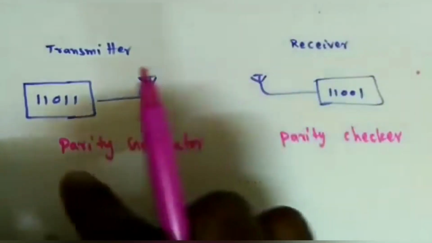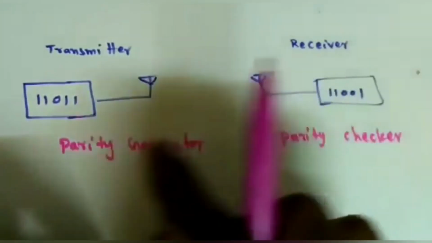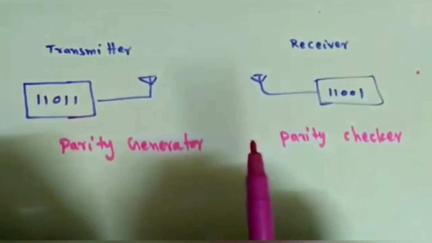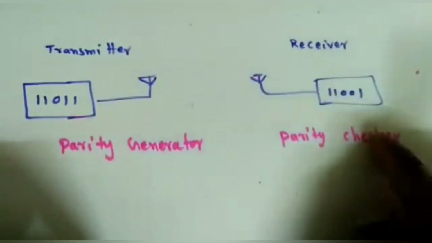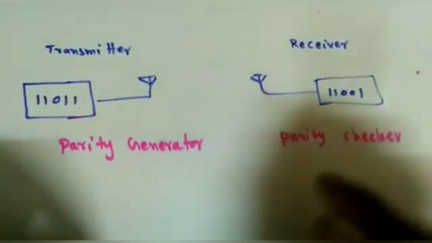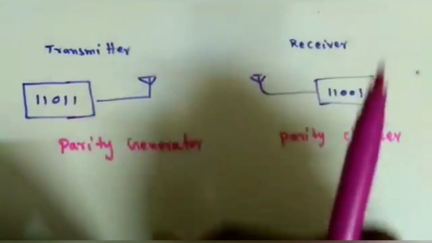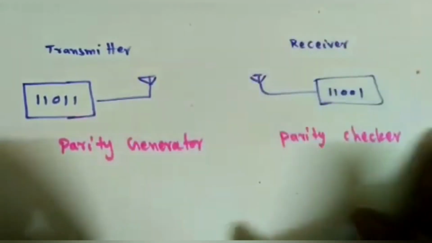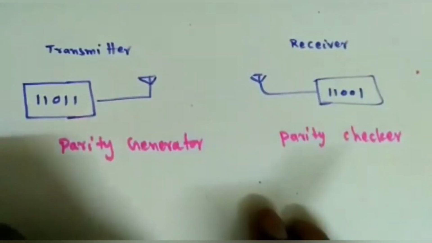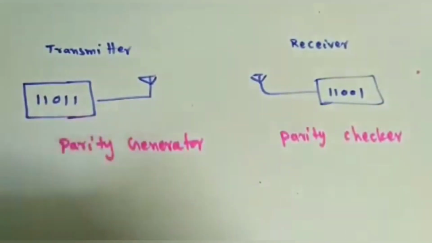It will indicate to the transmitter that there is an error, and then it will resend that data. That is what happens when we use the parity generator and parity checker. So why do we use them? To detect errors and to correct them. That is the introduction to the parity generator and parity checker.